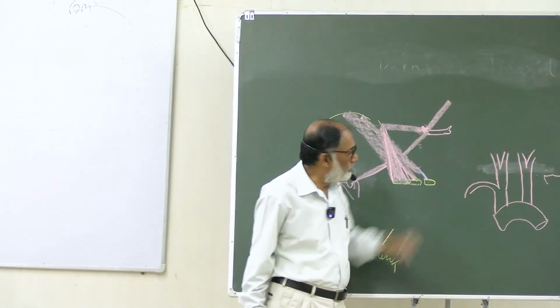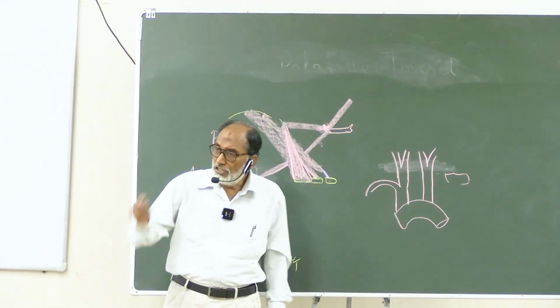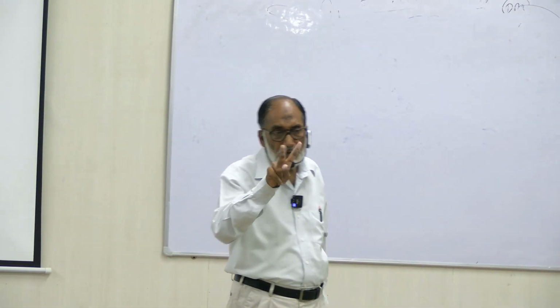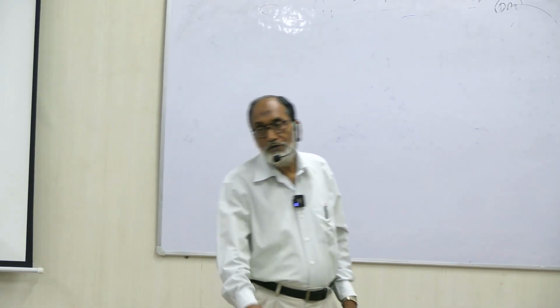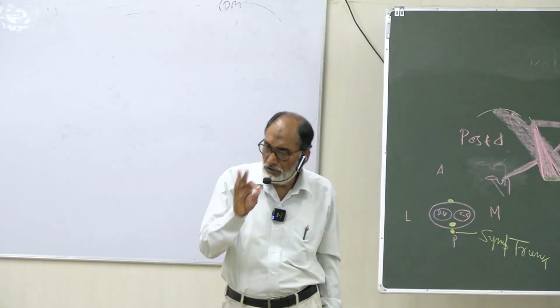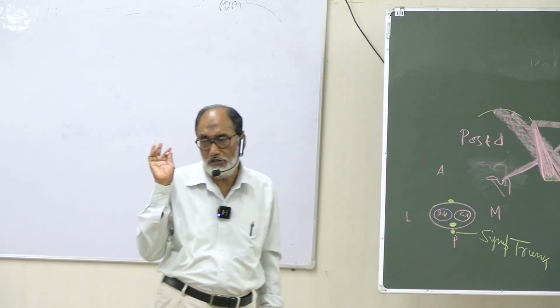Now here you see, this is the division of the internal carotid and external carotid artery. Now these two positions you should remember: the relative position of the external carotid or internal carotid artery. Anteriorly lies the external carotid artery and posteromedially lies the internal carotid artery.